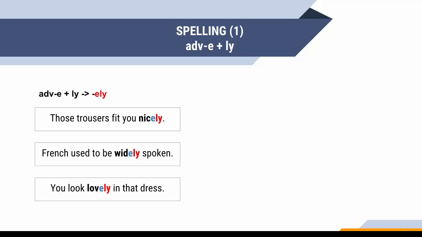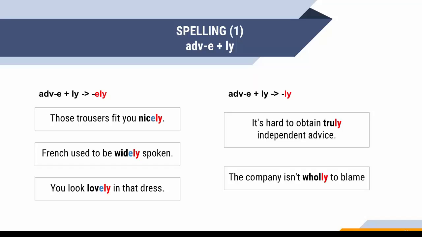So, for example, those trousers fit you nicely. French used to be widely spoken. You look lovely in that dress. You see, the adverb keeps ly when the adjective finishes in e. But there are some exceptions to the rule.